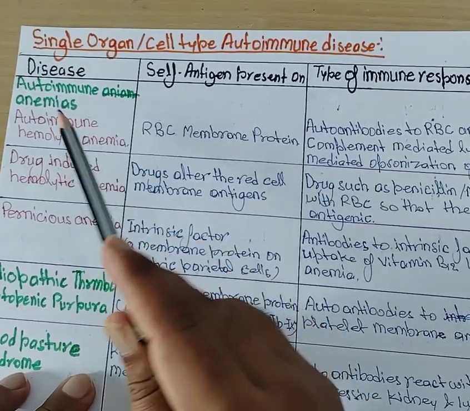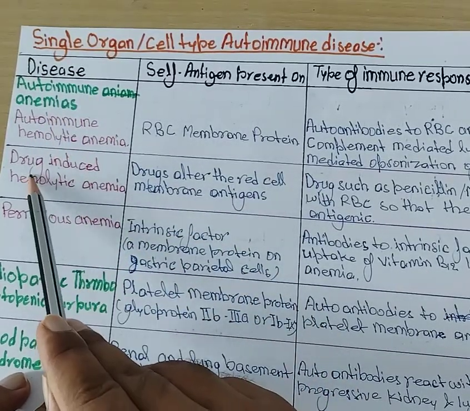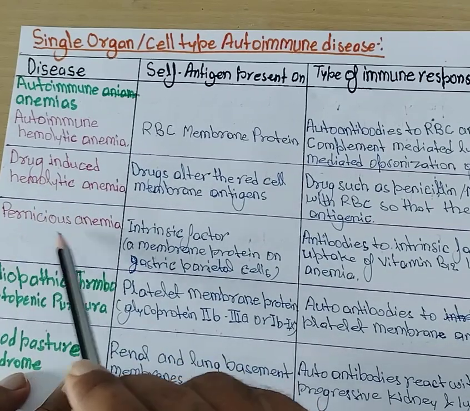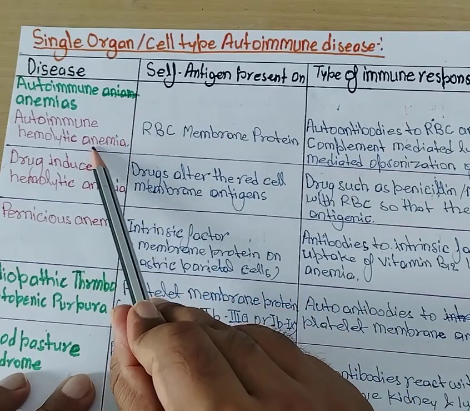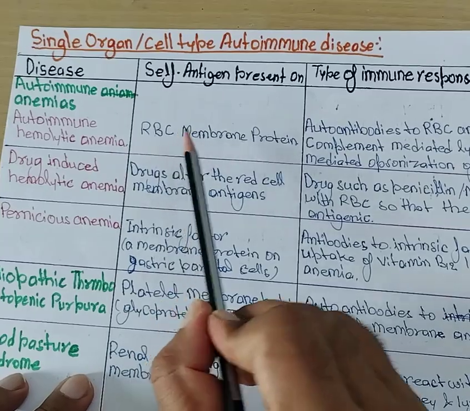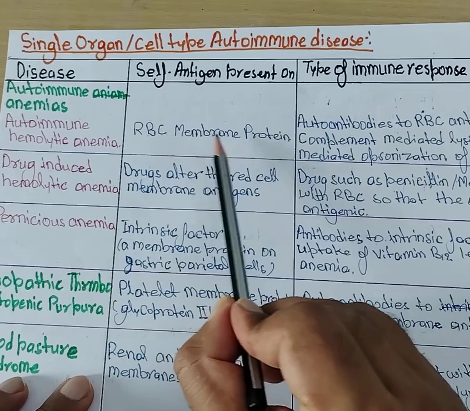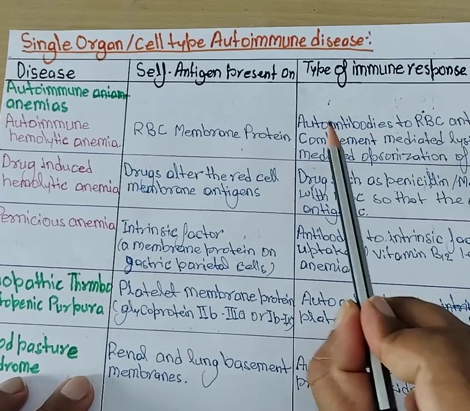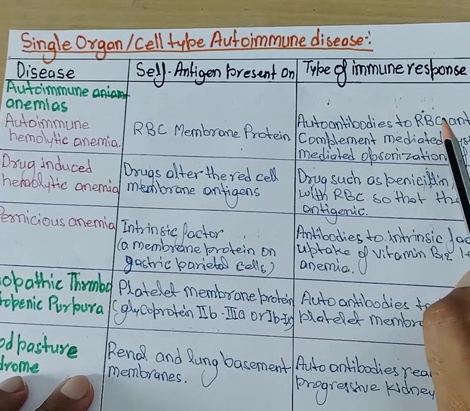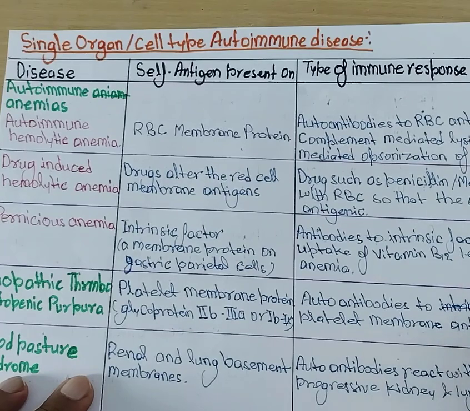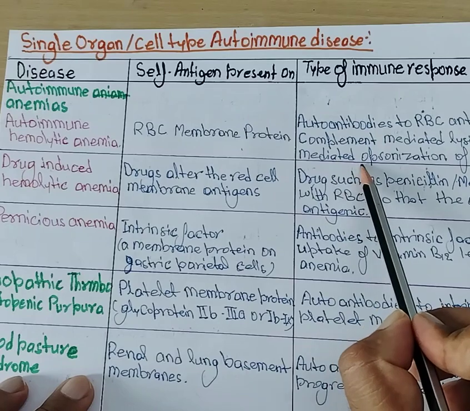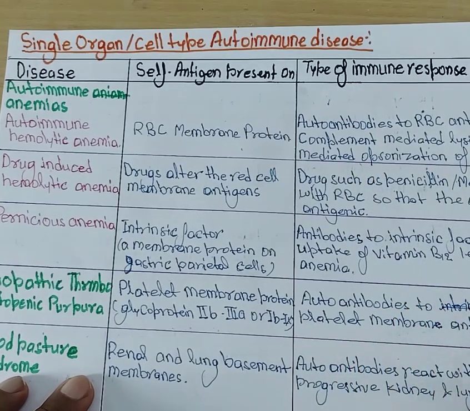There are three types: autoimmune hemolytic anemia, drug-induced hemolytic anemia, and pernicious anemia. In autoimmune hemolytic anemia, the self-antigen is present on the RBC membrane protein. Autoantibodies to RBC antigen trigger complement-mediated lysis or antibody-mediated opsonization of RBC.